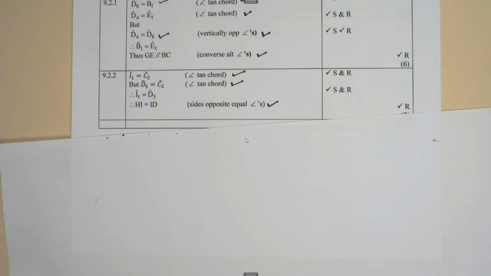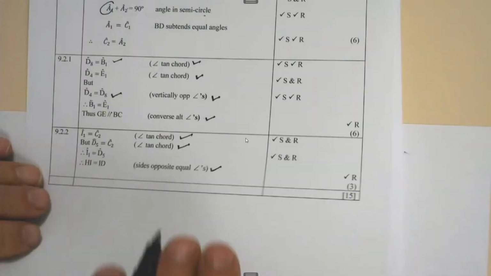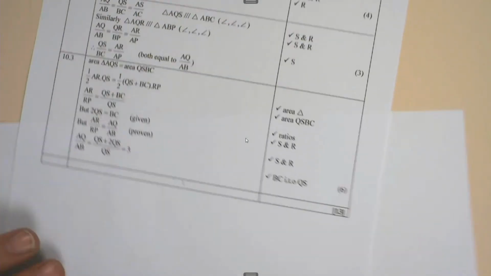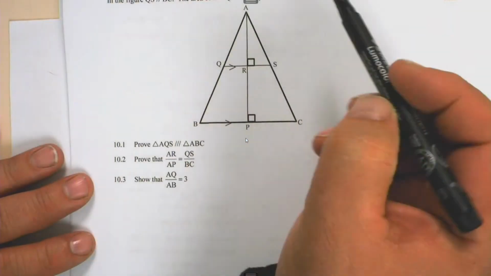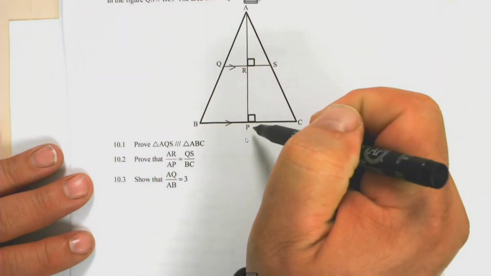Right, in the last question, question 10. Right, in 10.1, they say QS is parallel to BC.